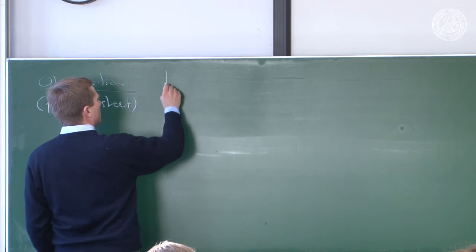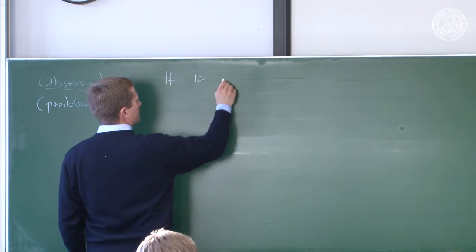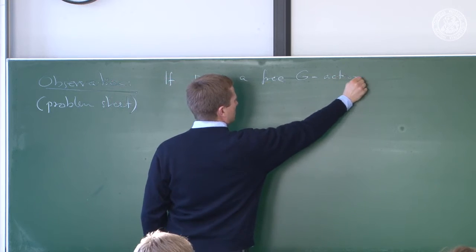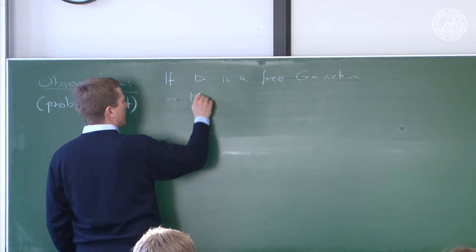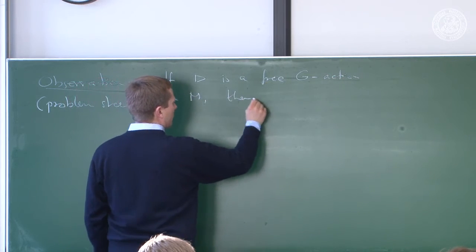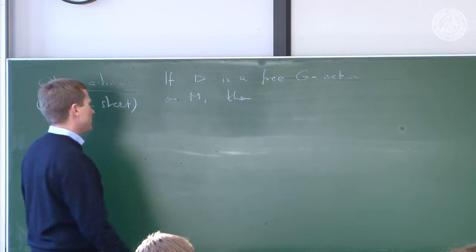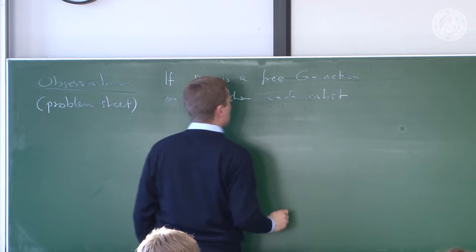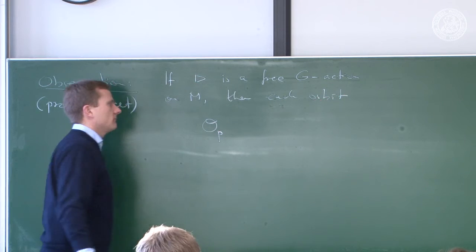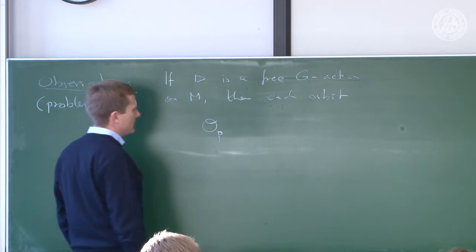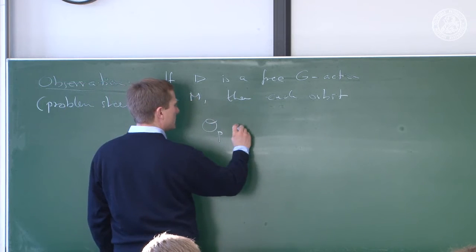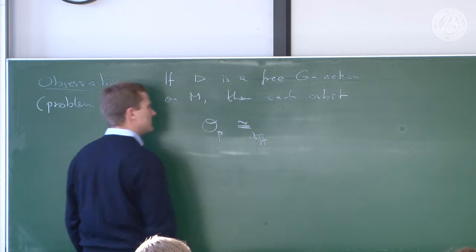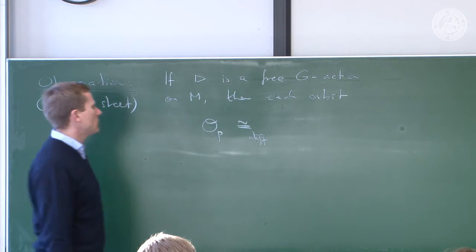Observation: if this is a free G action on M, then each orbit, so we can label them by different base points, each orbit is, as a smooth manifold, the same, so it's diffeomorphic to the group.